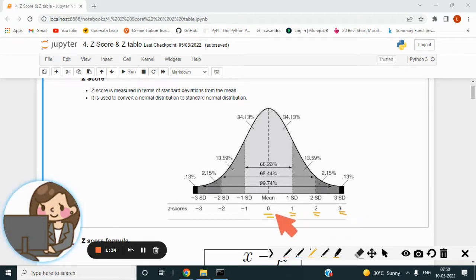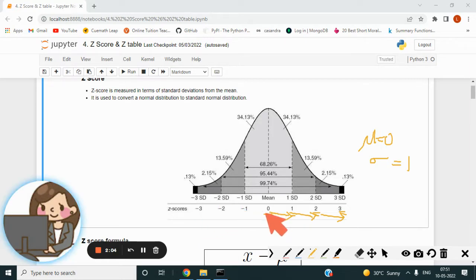So the mean is 0, and from the mean one distance is the first standard deviation, then the second, then the third, that is 1, 2, 3. And here it will be minus 1, minus 2, minus 3. So in this standard normal distribution, your mean is 0 and your standard deviation is 1.